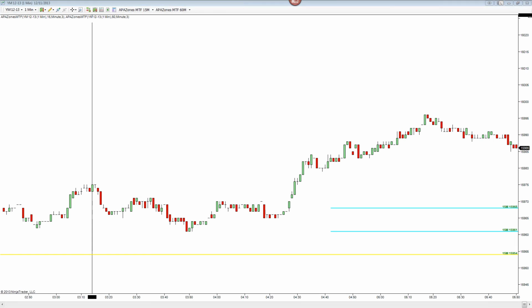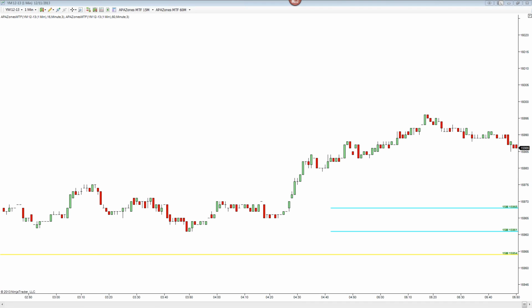So I'll come in here and I'll mark my close of yesterday. Looks like YM's getting pretty range bound, just based on the price movement from yesterday.